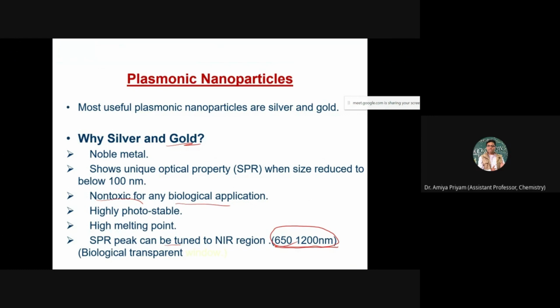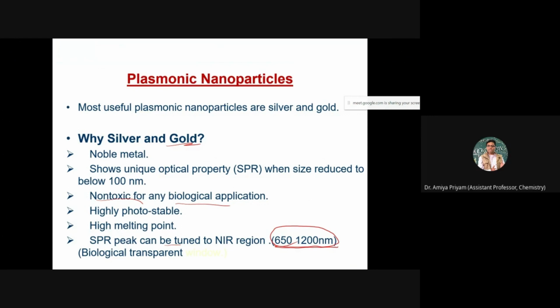So we need to take care of that. It has been found that it is this window between 650 to 1200 which is the spectral region where the biological components do not absorb light, or their absorption is very, very less, so that it is not going to affect.